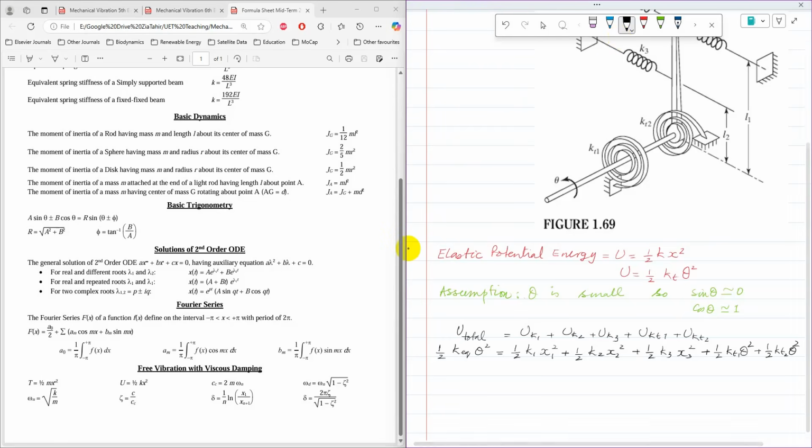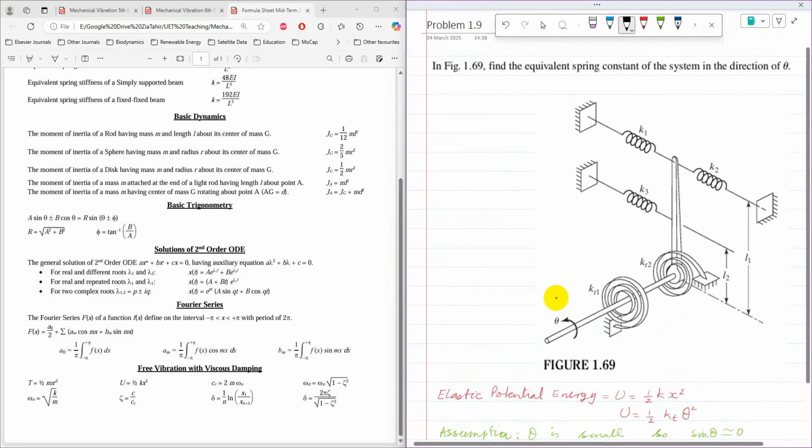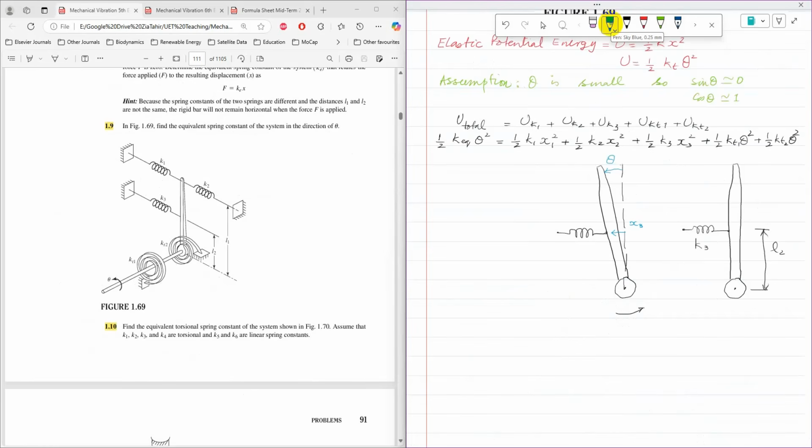Now x1, x2 and x3 are required in terms of theta, and for that we need to develop a relationship: when the shaft rotates through an angle theta, how much will be the displacement in the rod at distance L2 and L1. I have drawn only spring K3 here. When an angle theta is given to the system, there is a rotation, and the translational displacement in spring K3 is x3.